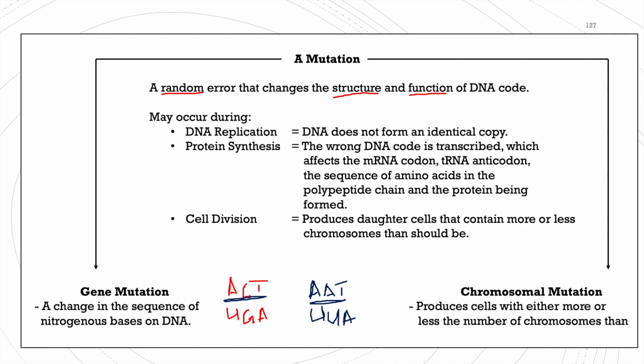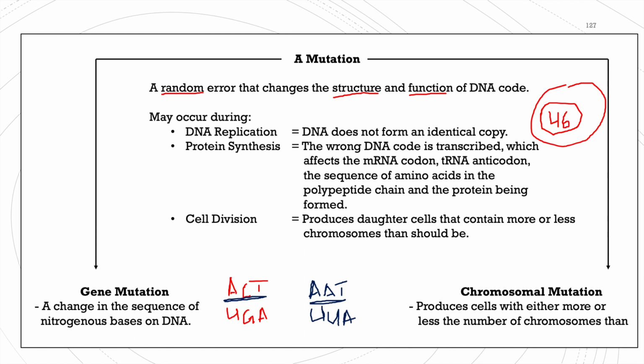Okay, now in human cells, let's say for example, this is a human cell, and inside the human cell we have a nucleus. And from our previous lessons, we had mentioned that a human somatic cell must contain 46 chromosomes. Okay? It must contain 46 chromosomes. Now, if we have more chromosomes within the cell, or fewer chromosomes within the cell, we call that a chromosomal mutation.